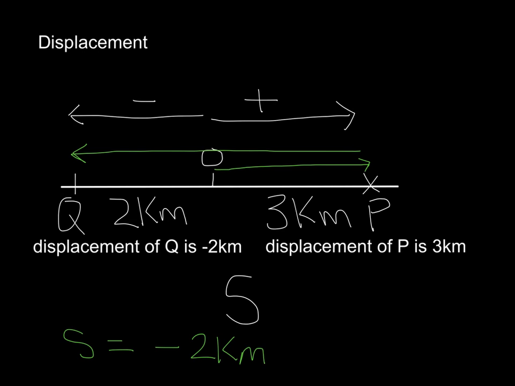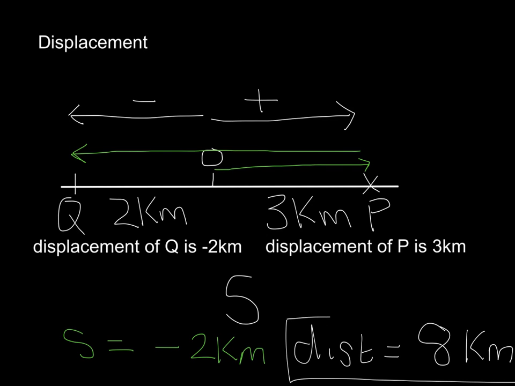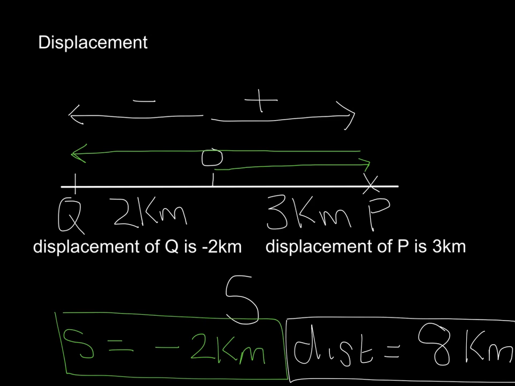In fact, the distance I travel is the 3 kilometres to the right plus the 3 kilometres to the left, and then a further 2 kilometres to the left. So I've walked 3 plus 3 plus 2 kilometres, which is 8 kilometres. So this shows the subtle difference between distance and displacement.